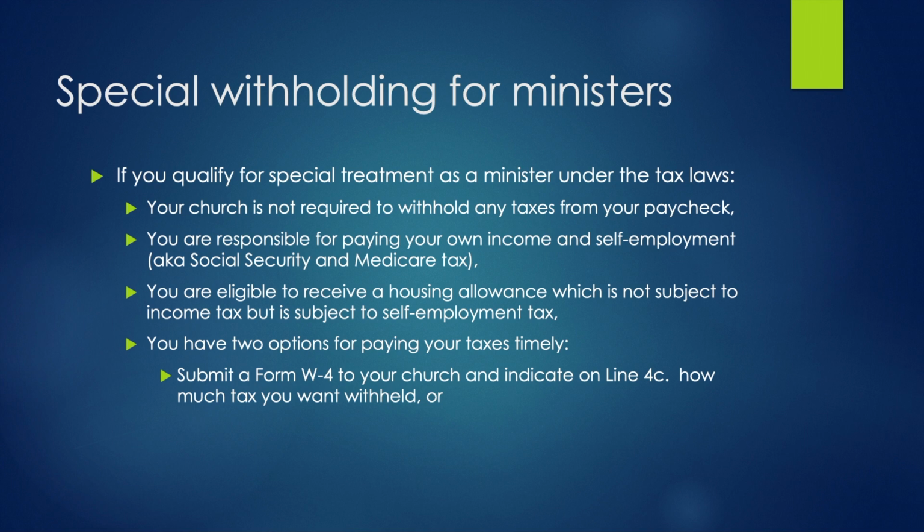But you realize the tax withholding is not being calculated by the normal withholding forms. It is simply being withheld based upon the entry on line 4C of the Form W-4. So the minister calculates how much tax they want withheld and writes it in on line 4C, and that's the only thing the church is required to withhold.